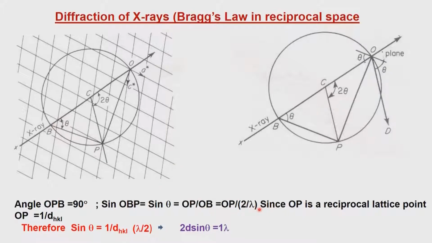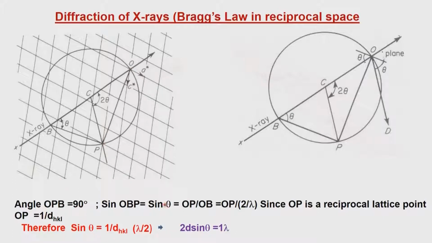Now, OP by definition is a reciprocal lattice point, and that is cutting this Ewald sphere. So, this OP, the distance from the reciprocal lattice origin to P, is 1 divided by d of HKL.